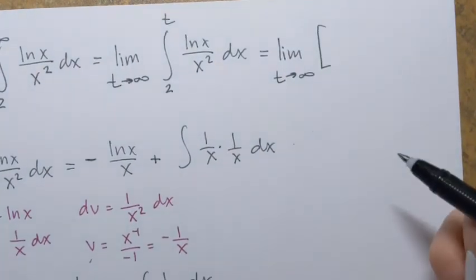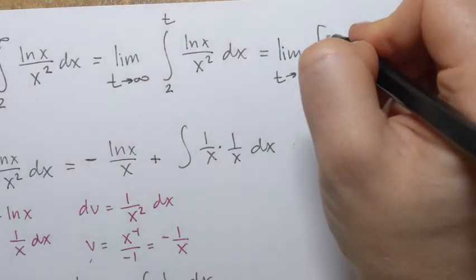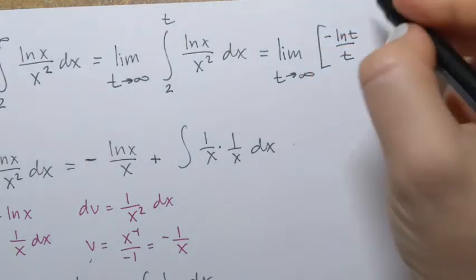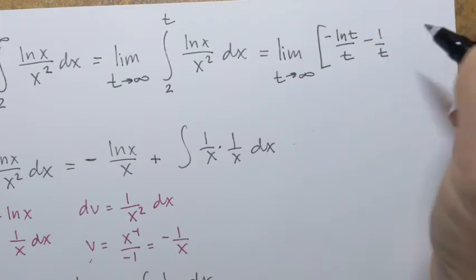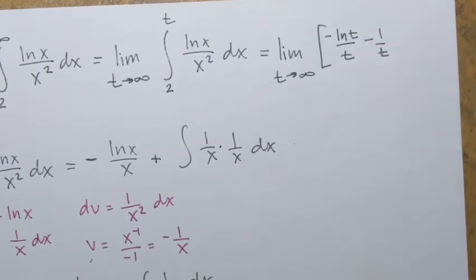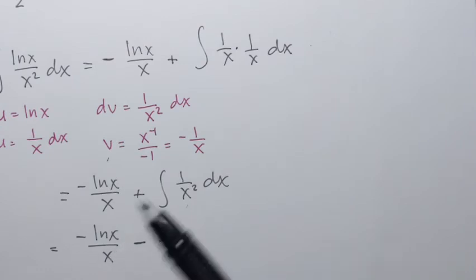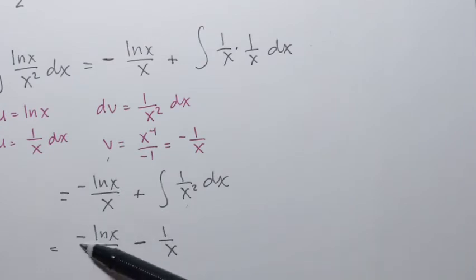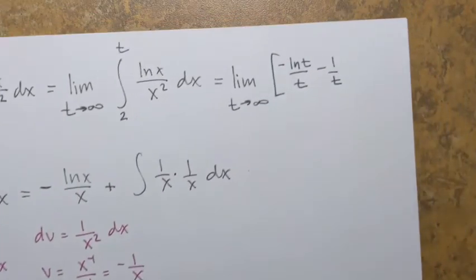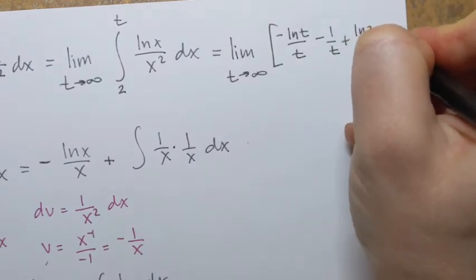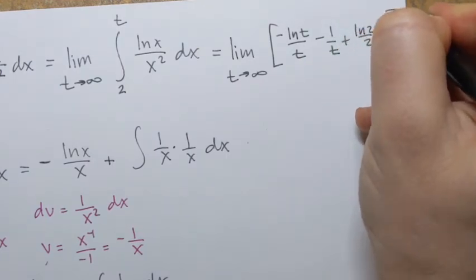Oh, let's try. So I'm plugging in t: negative ln of t over t minus 1 over t, and then minus all that again, but with 2 plugged in. Since I'm subtracting both of them, both of them will change their sign, so it's going to be plus and plus. So plus ln of 2 over 2 plus 1 over 2.